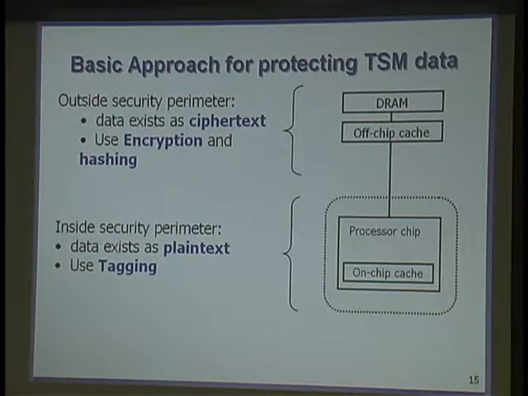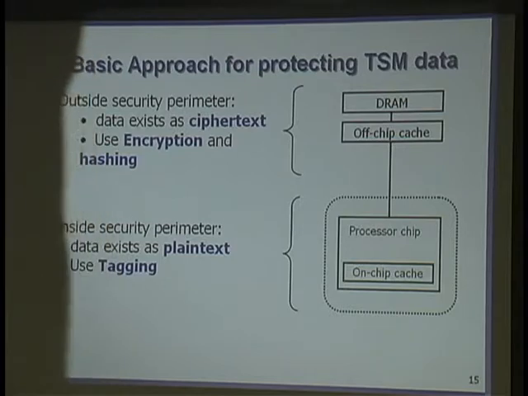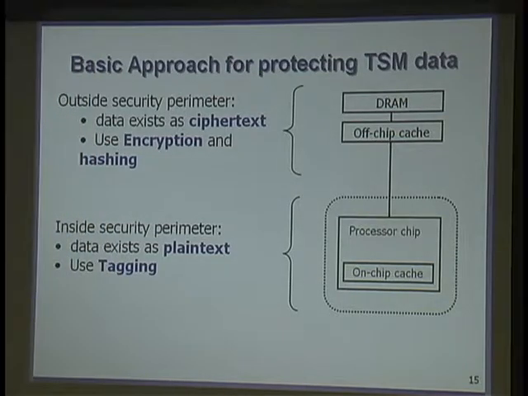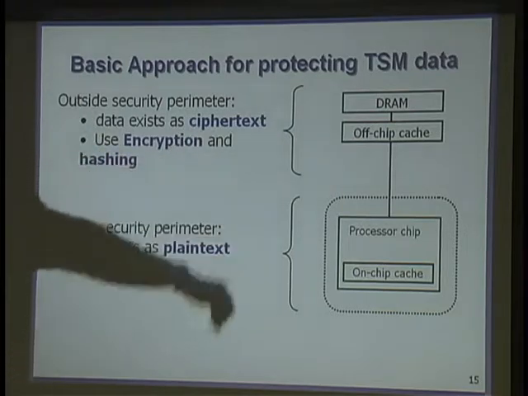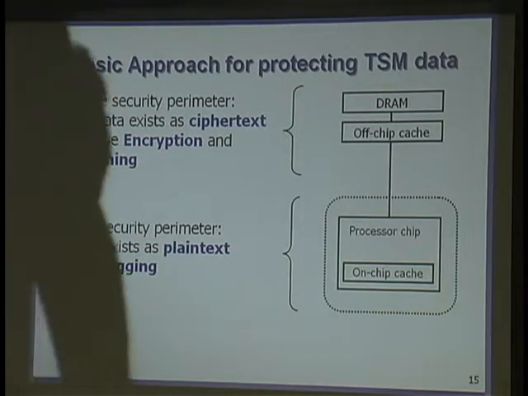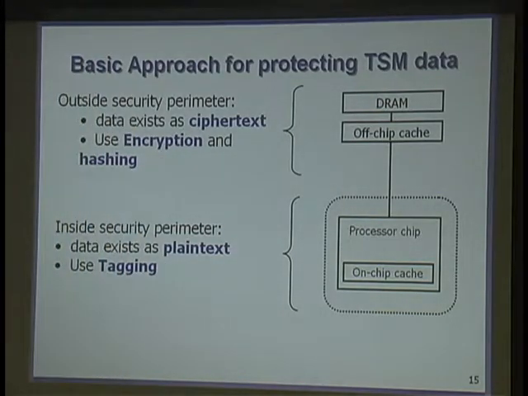Now, as far as protecting the data that the TSM executes on, there are two general philosophies. One is if you're outside the security perimeter of the microprocessor chip, all the data exists only as ciphertext. So it's encrypted and hashed before you store it in off-chip cache or DRAM or send it over the network or store it on the disk.